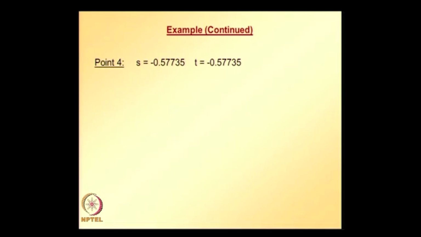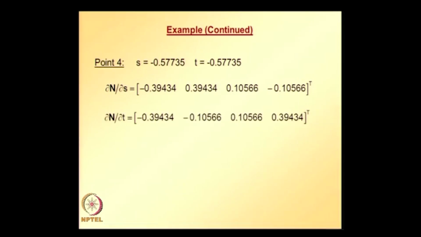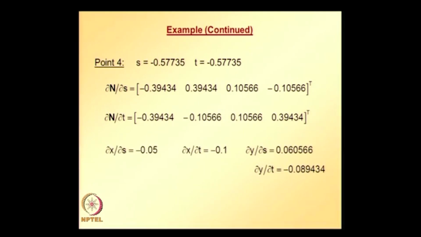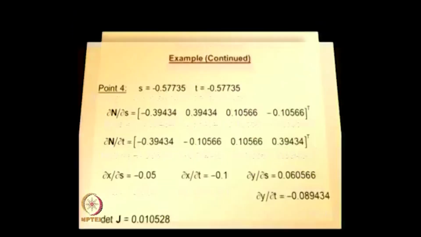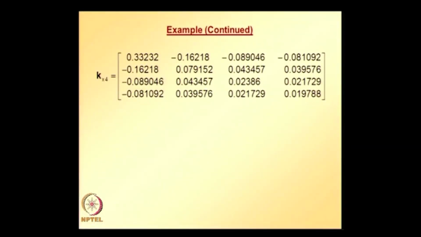A similar operation can be repeated for the fourth integration point. Derivative of the shape function vector with respect to s and with respect to t, x with respect to s, x with respect to t, y with respect to s, y with respect to t, determinant of J, and then the Bx vector.